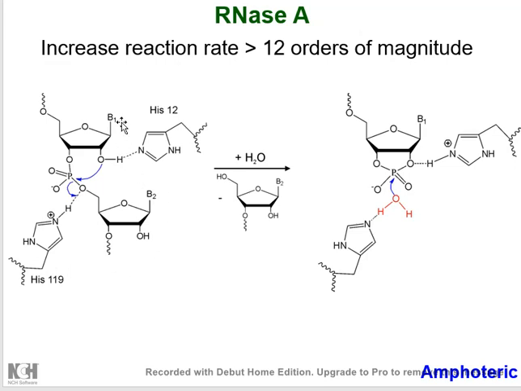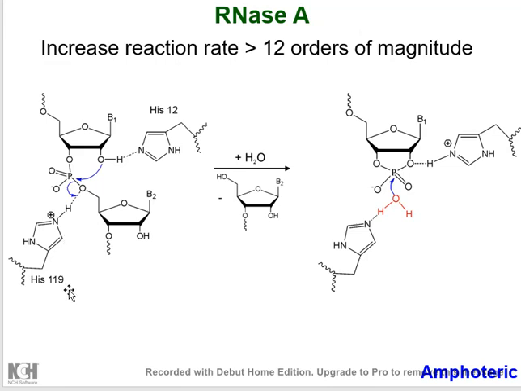And what you see here is the substrate of RNase A bound in it between the two histidines, and histidine 12 is deprotonated, and it can act as a general base to pull proton from 2' OH group of the first nucleotide, which increases nucleophilicity of this 2' OH group and makes it attack the phosphorus.